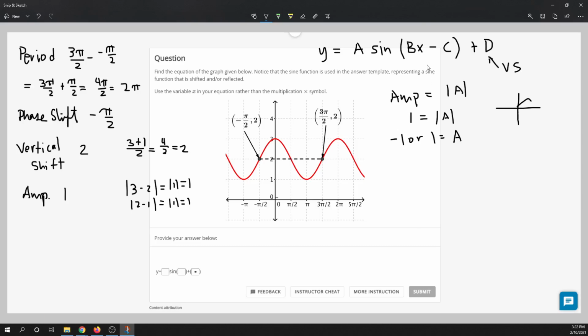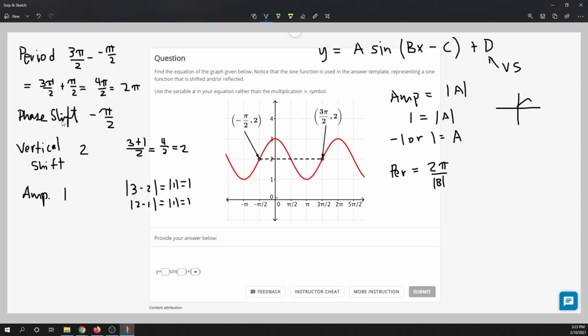All right, now finally on to B and C, right? In here, we'll need to figure out what both B and C are. So remember the period is equal to 2 pi over the absolute value of b. Okay. So on these questions, what you want to do, and the way they have this worked, you just want to pick the positive one for b.